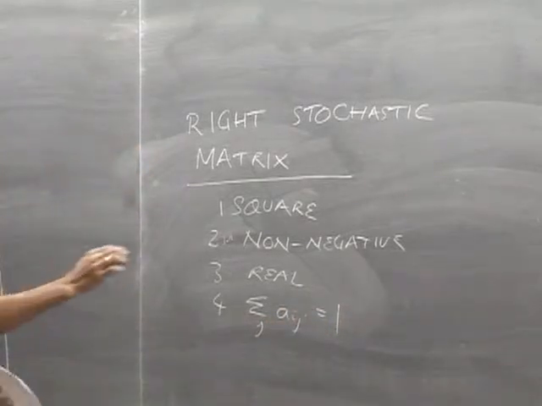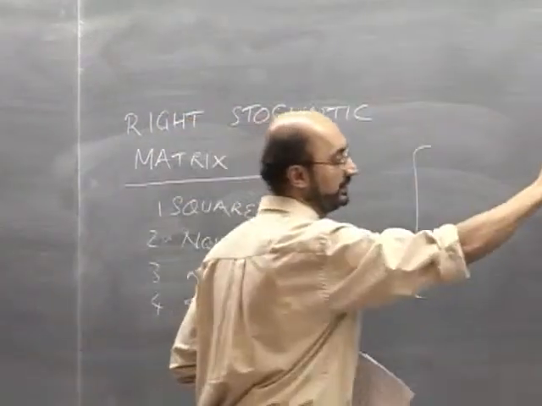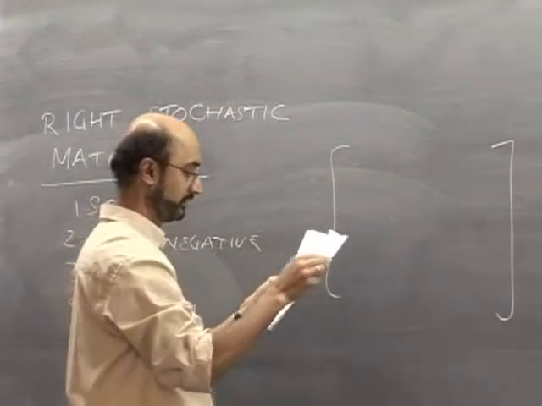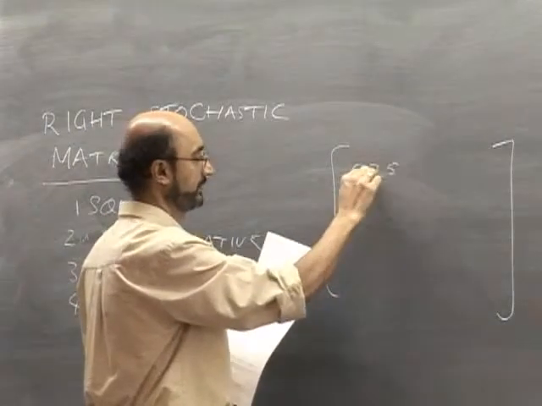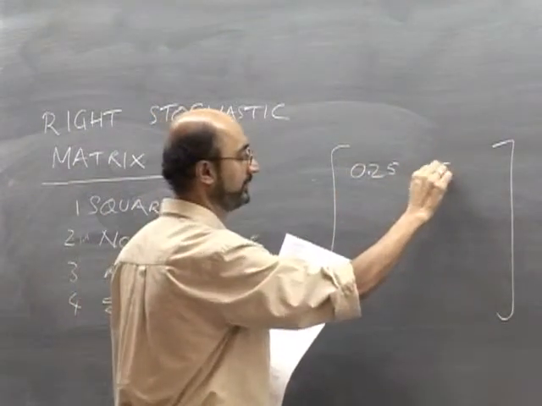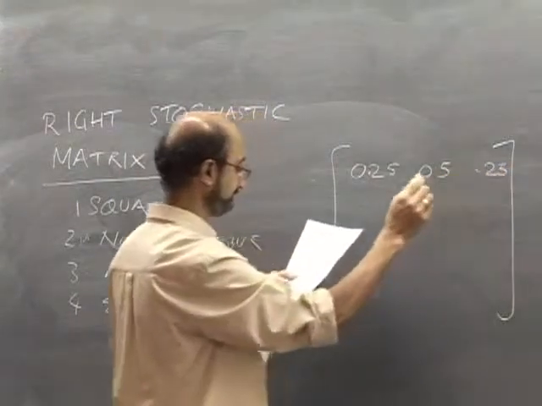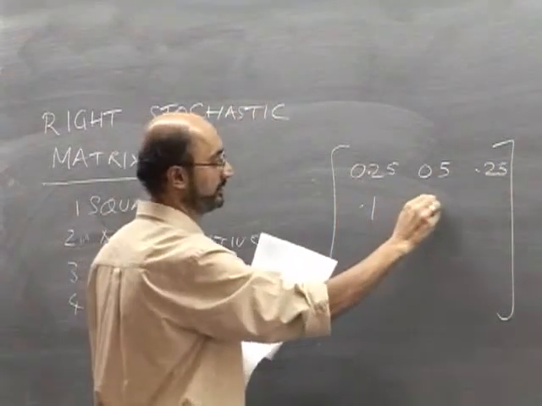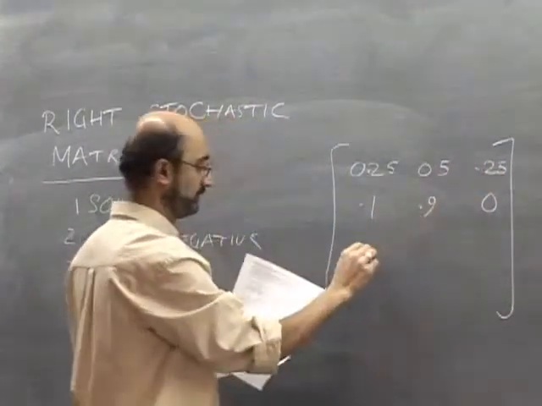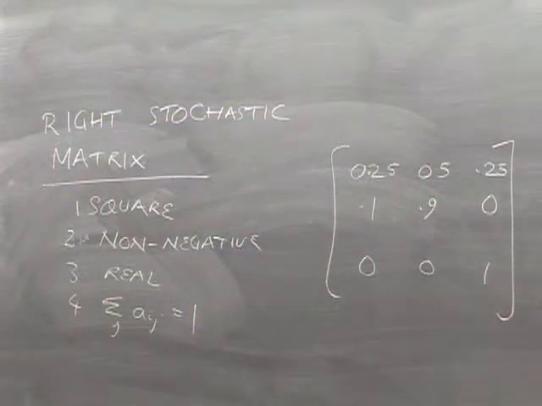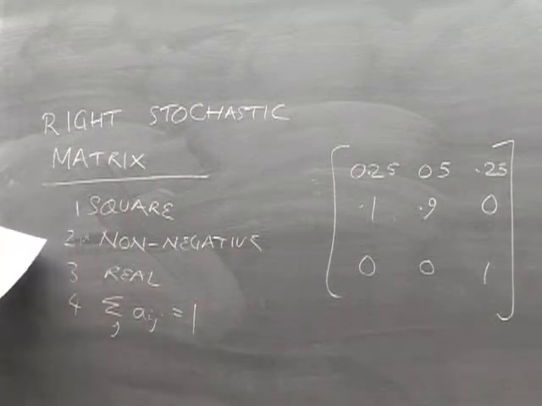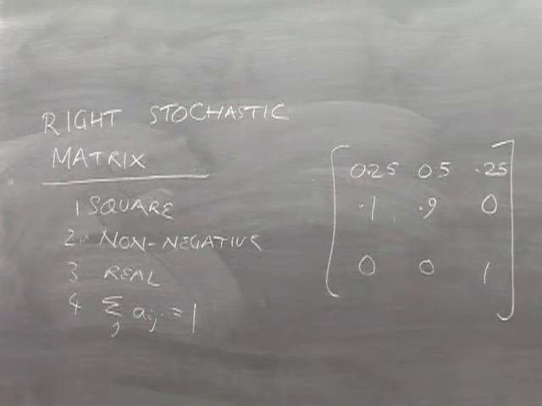So let me write down a small example over here: 0.25, 0.5, 0.25; 0.1, 0.9, 0; 0, 0, 1. You'll find that this is a right stochastic matrix because all the rows sum up to 1. It's square, it's non-negative, it's real, so it satisfies the definition. Okay.